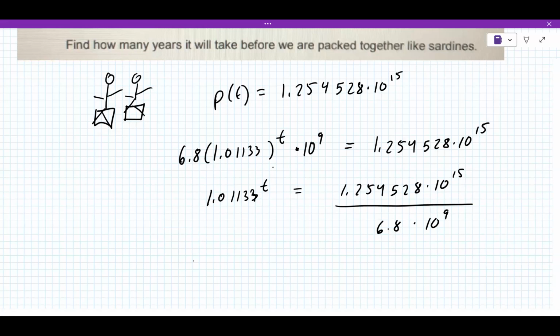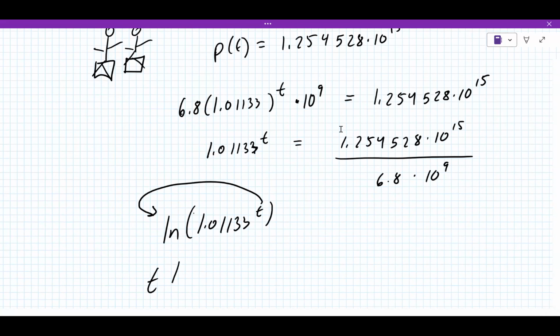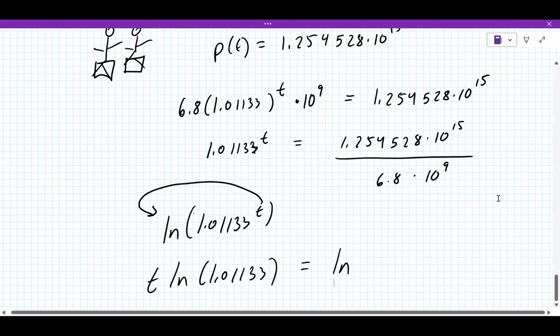What the logarithms allow you to do is bring that variable out in front. The exponent comes out in front. So it's t natural log 1.01133, but it equals the natural log of everything that we still haven't calculated yet.